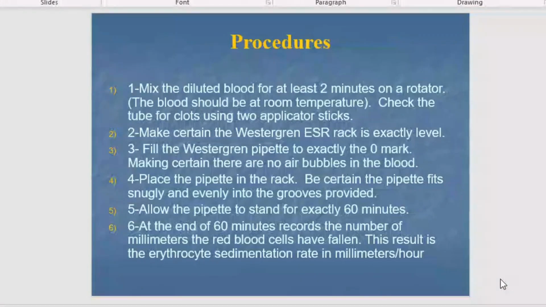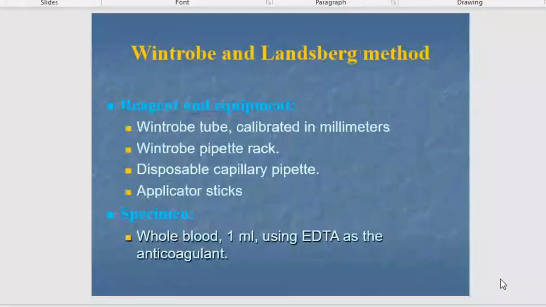That is most important. And you allow the pipette to stand for exactly 60 minutes, and at the end of the 60 minutes, you record the number of millimeters the red blood cells have fallen, and this result is the erythrocyte sedimentation rate in millimeters per hour. That's what we can see.